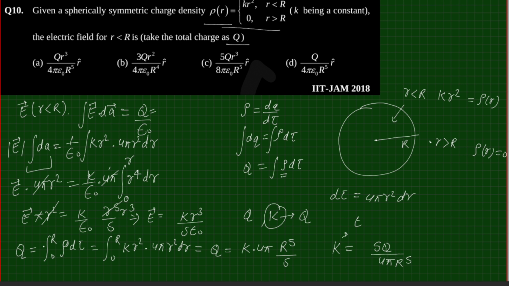So I will get, and its direction will be radially outward, r cap. K is 5 q over 4 pi R to the power 5, into r cube over 5 epsilon naught, and r cap.